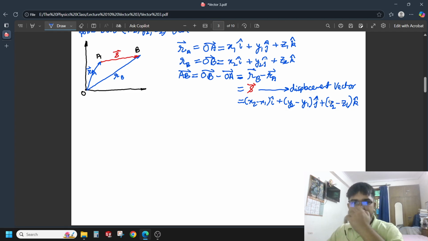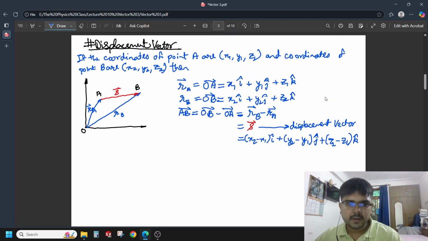So that is how we find the displacement vector AB. Displacement vector is AB here.